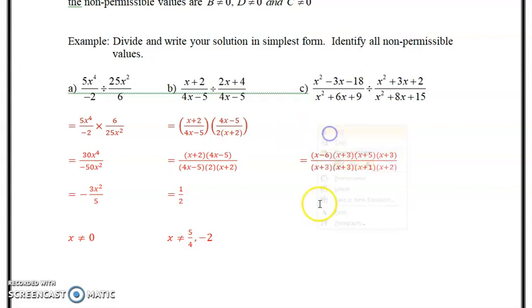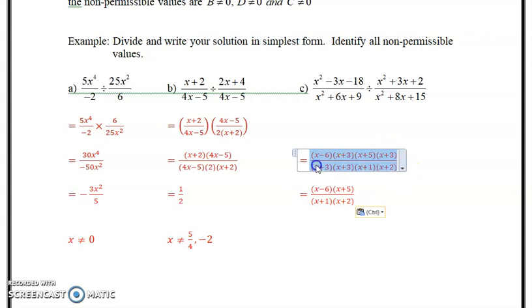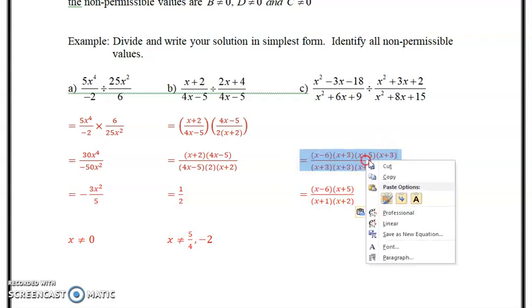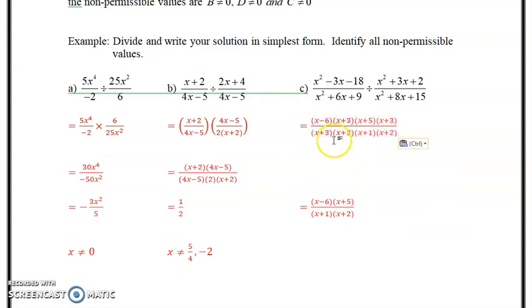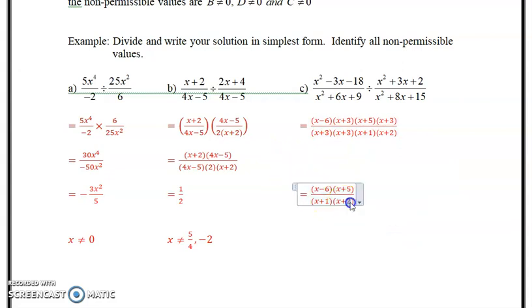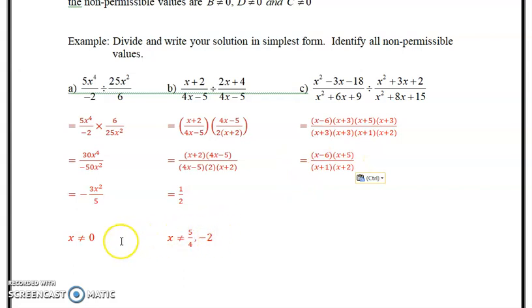My apologies. I'll cut that and I'll drop that down here. I should have did it with that one. My apologies. And we are all set. And that cannot be simplified anymore.